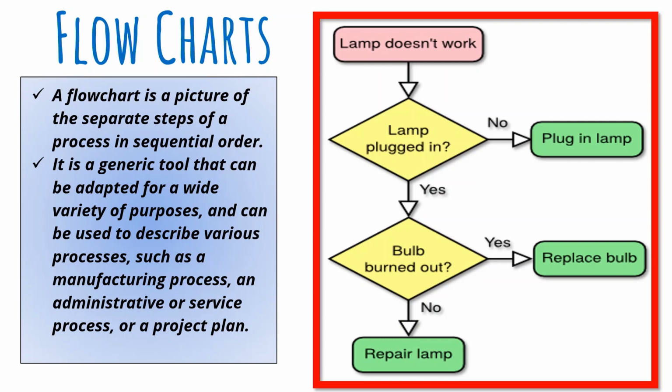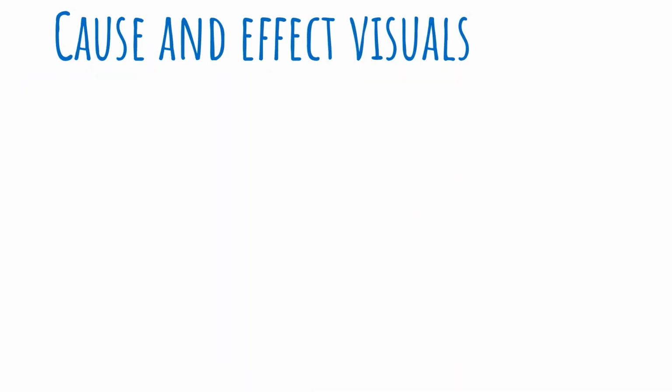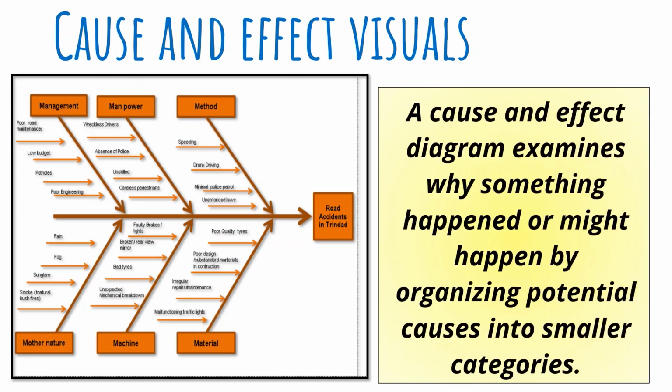Now this example that we have here is for repairing a lamp. Next we have the cause and effect visuals. A cause and effect diagram examines why something happened or might happen by organizing potential causes into smaller categories.